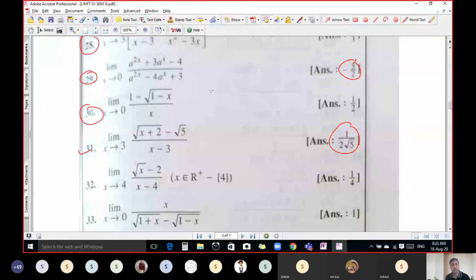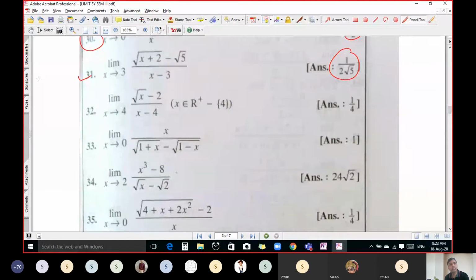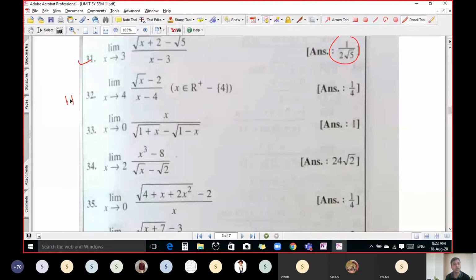So for question number 30, 1 by 2 is your final answer. Let us do question number, you can consider 32 is your homework of today. Question number 33.